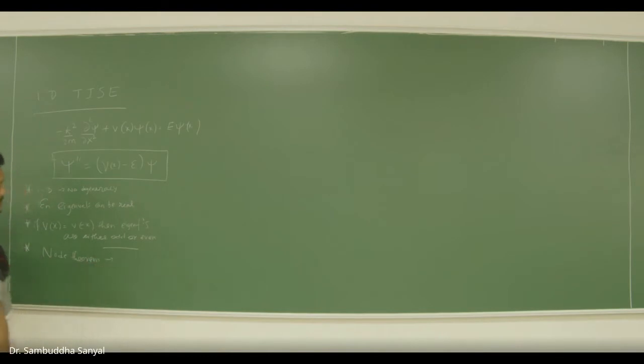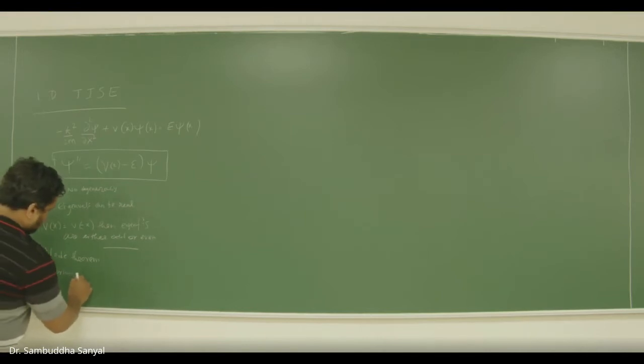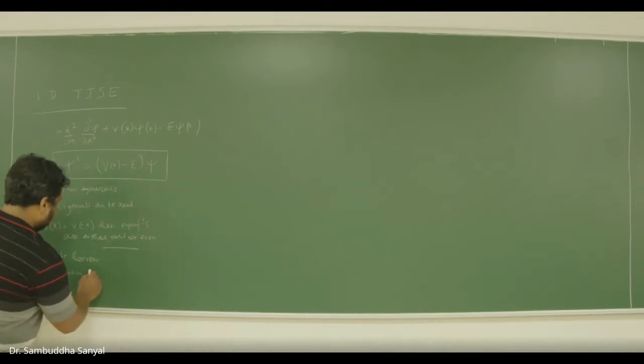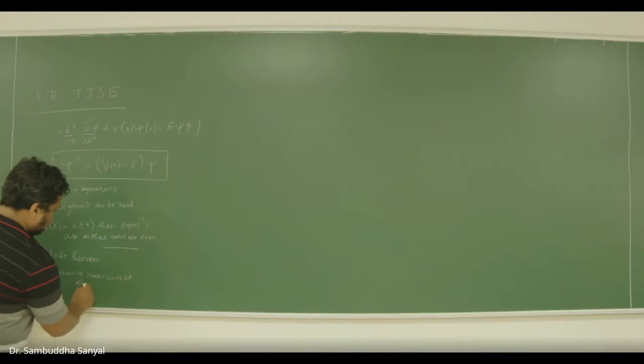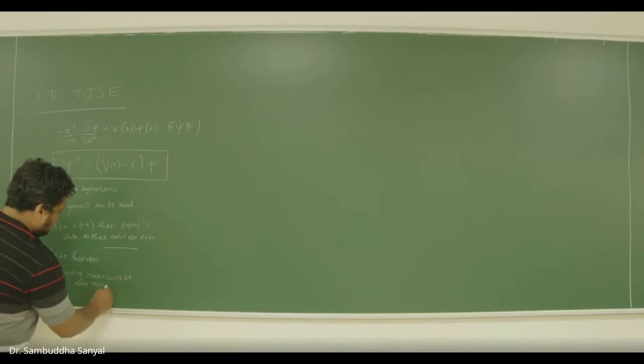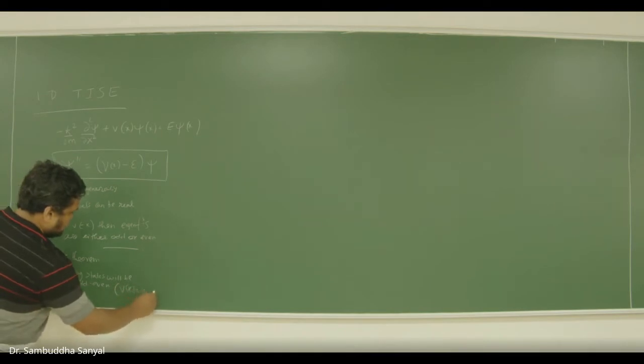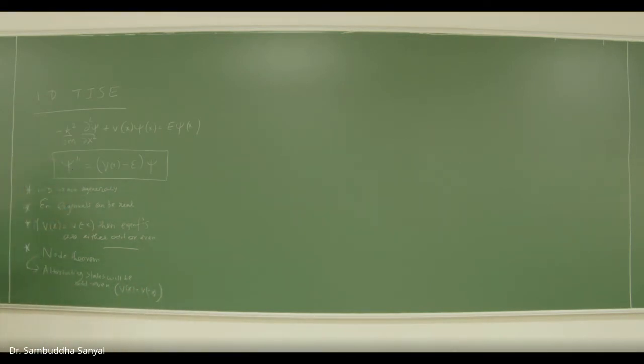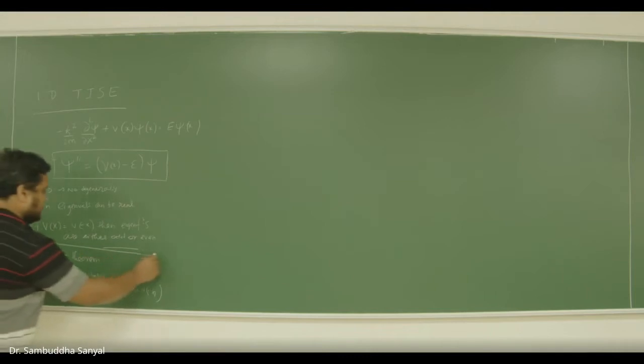I'll explain in a moment what it is. And another of these is kind of a corollary to this, it's not a new statement: alternating states will be odd or even provided V(x) equals V(-x). Okay, so one more theorem we will do today.